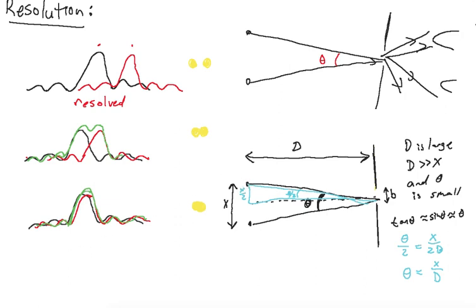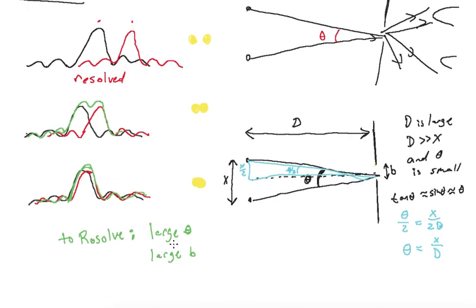So to resolve something, your best situation is when you have a large theta, a large aperture, B, this aperture width here, think like a camera or your eye, and a small wavelength.